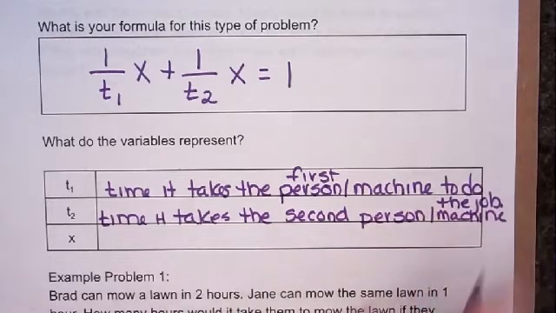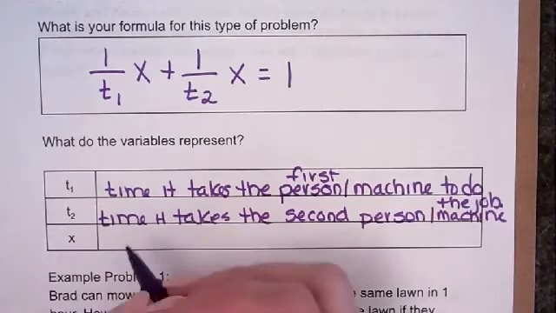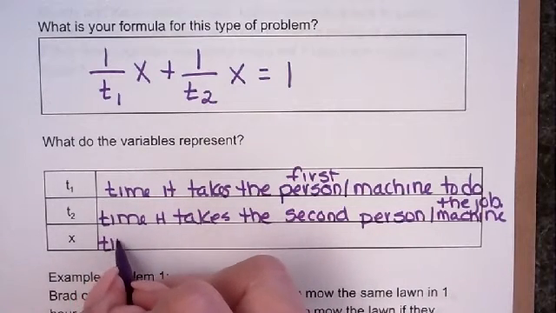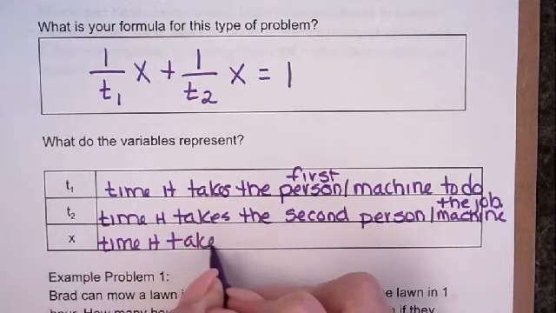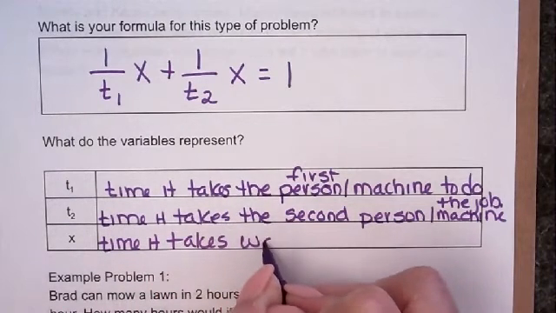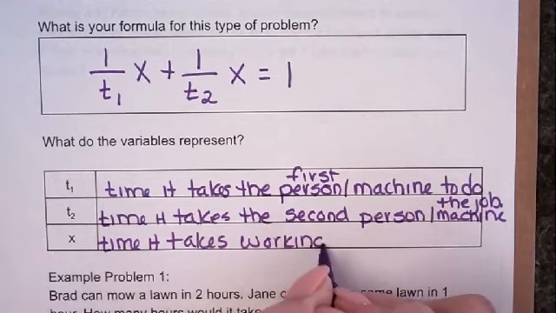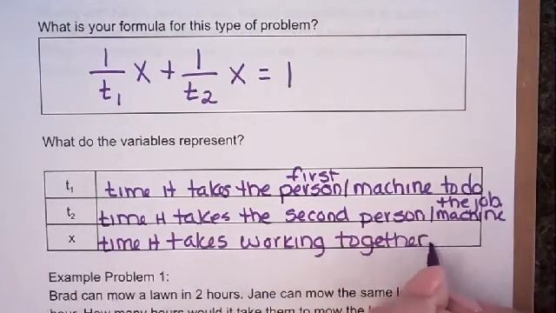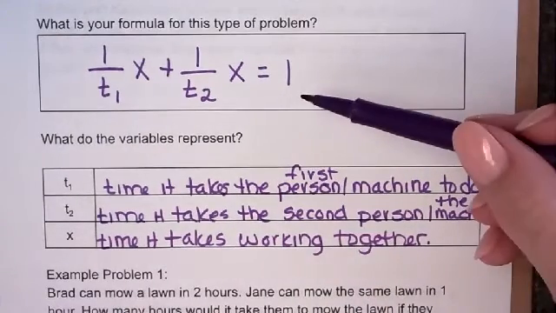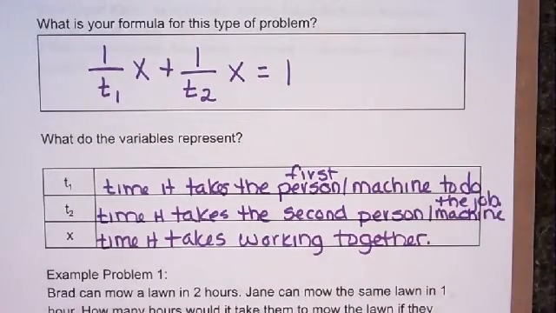Now that's when they're working by themselves. X is the time it takes working together. Now, the 1 right here in the end, that just means one job completed.